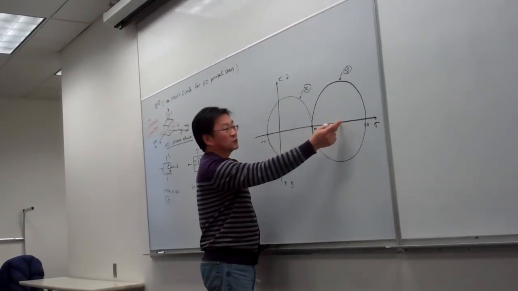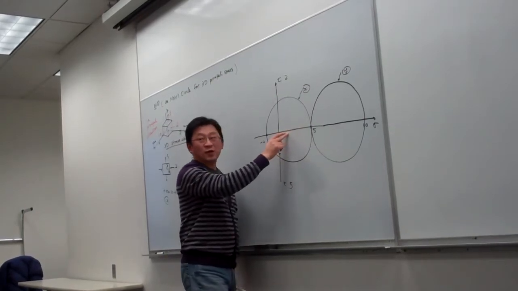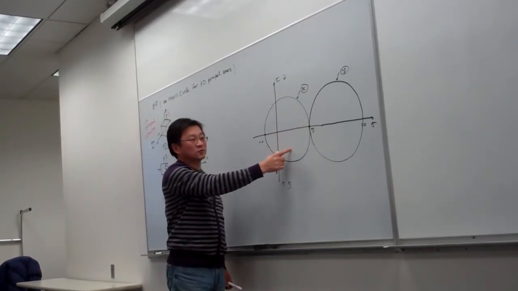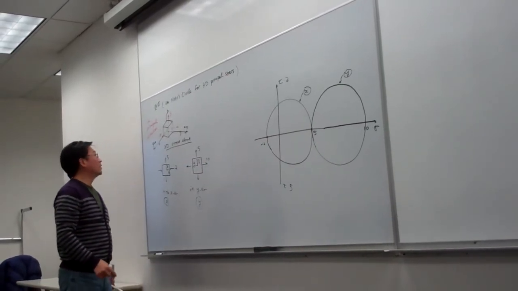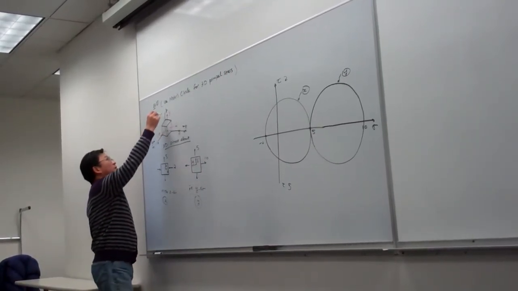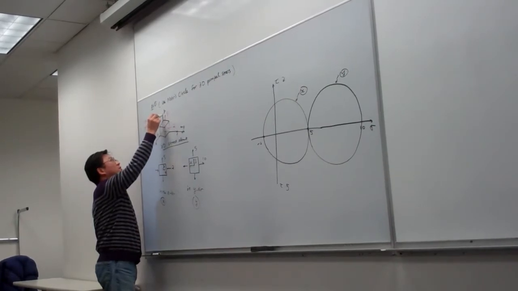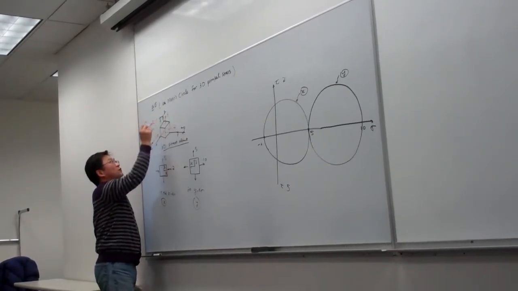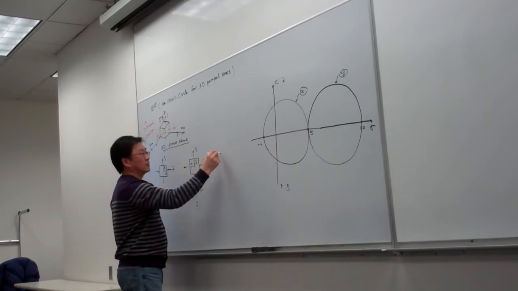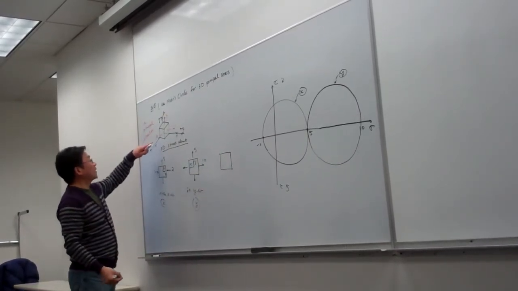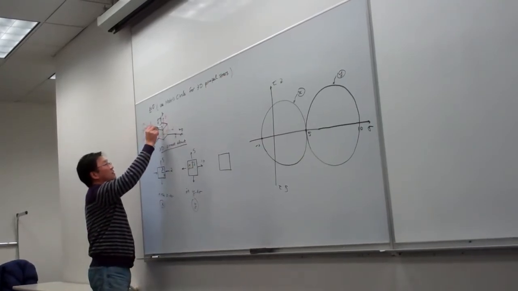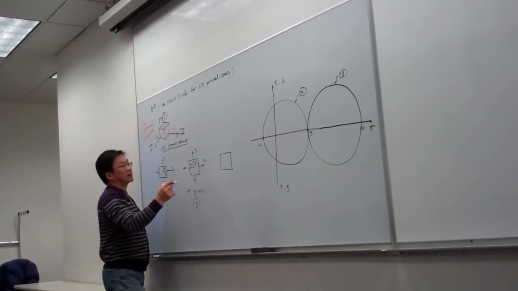This one has a radius of 2.5. This one has a radius of 3.5. So this circle should be a little bit bigger than this one. Then finally, we look from the viewpoint sitting on the z-axis looking down. What we see is the x-axis and y-axis.